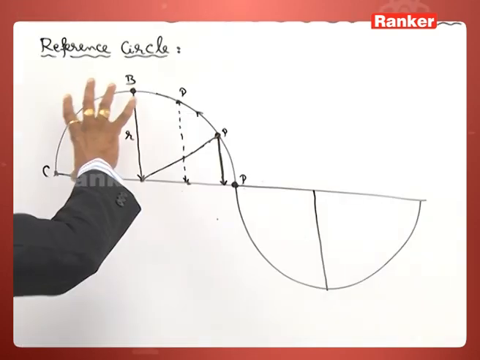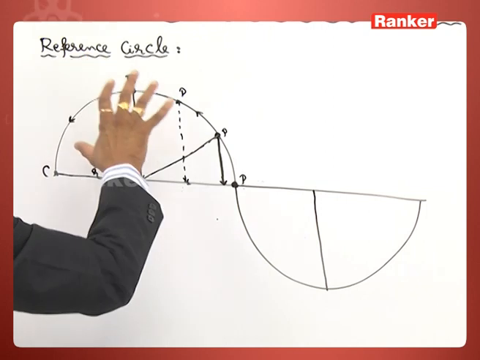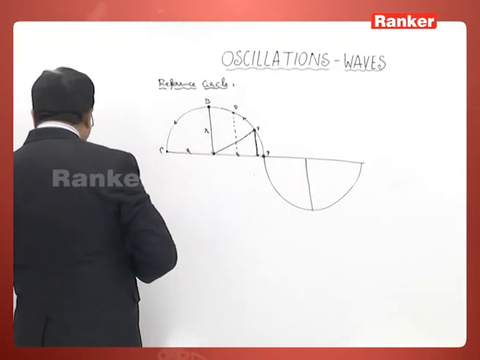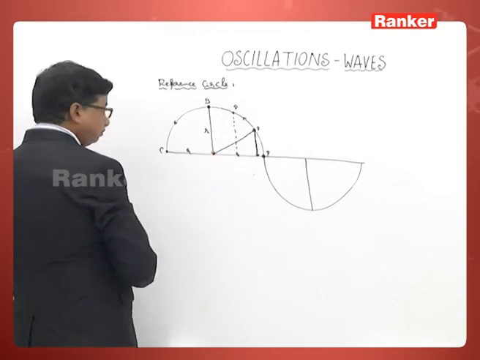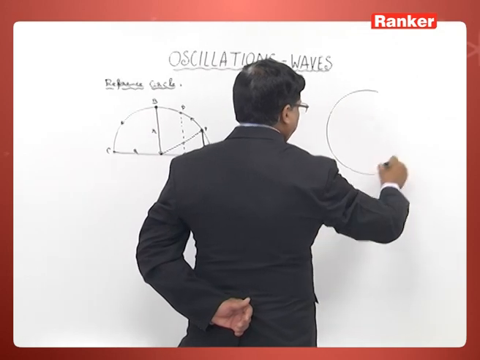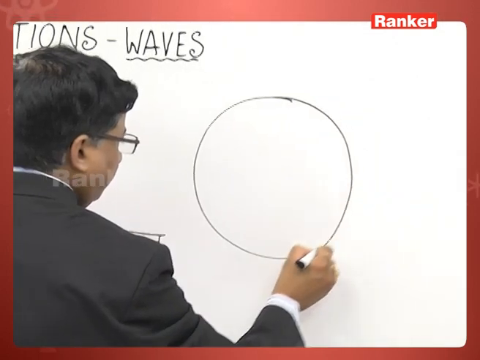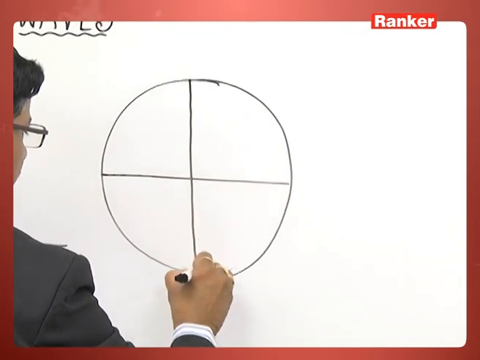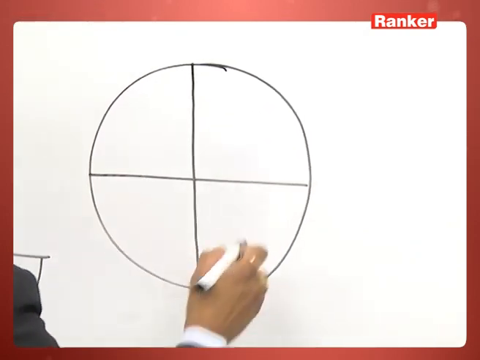But while writing different equations for simple harmonic motion from the reference circle, let us take a few cases now. I just take the same reference circle over here again. This is one quadrant and this one is the second one, third and fourth, like this.